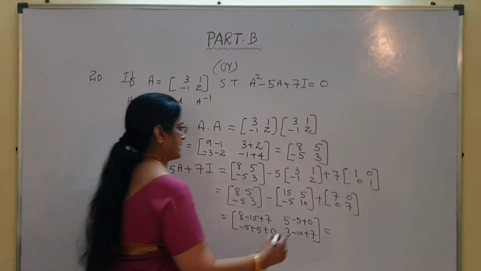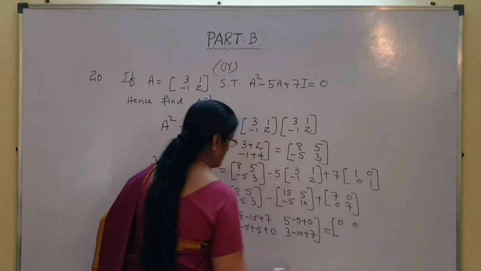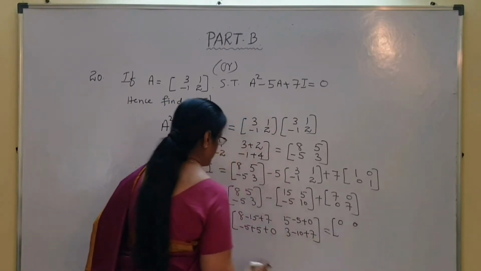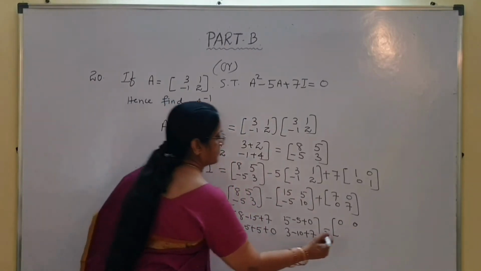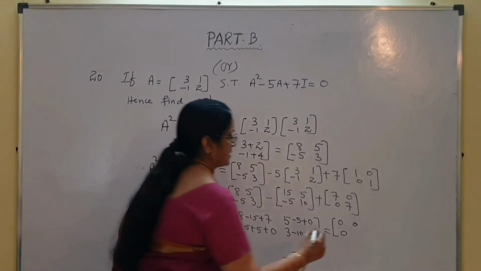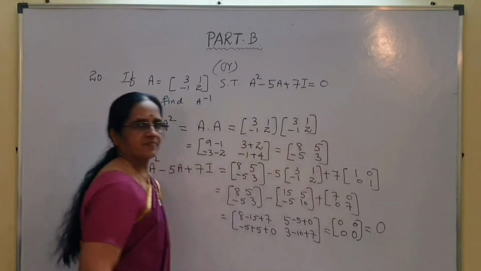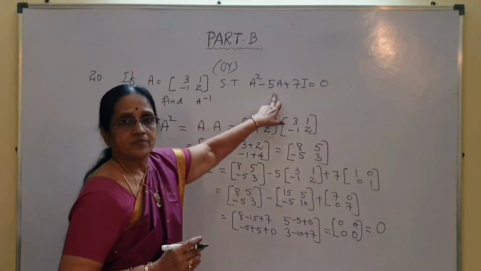Now, 15 minus 15, 0. 5 minus 5, 0. Then, minus 5 plus 5, 0. Here, 10 minus 10, 0. Which is going to be a 0 matrix. That is what we need to prove.